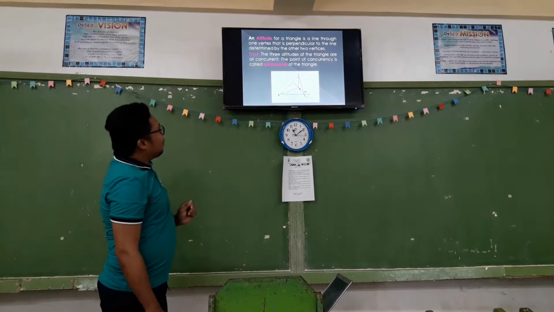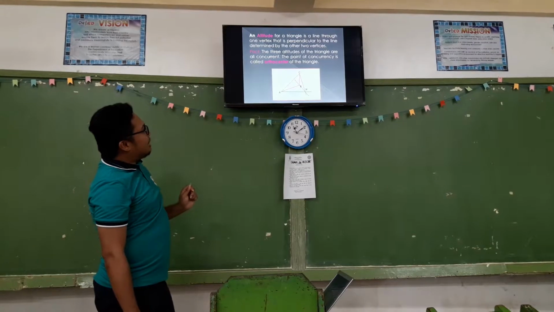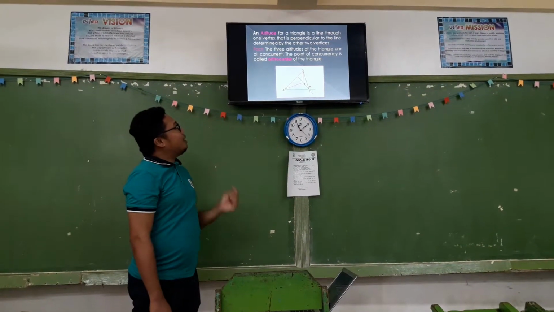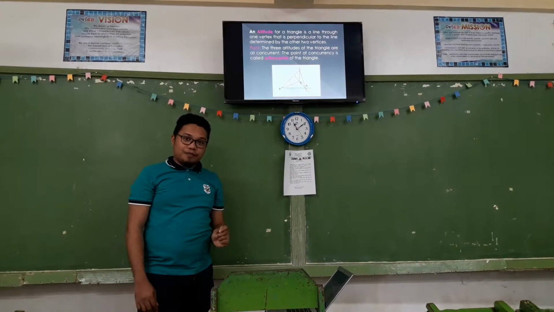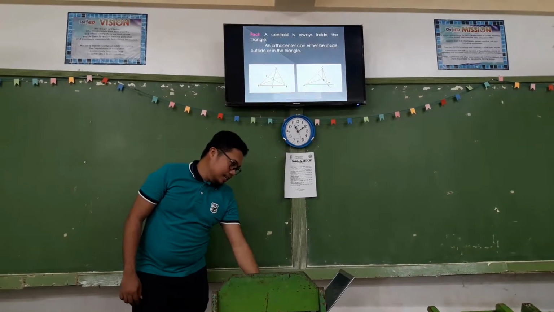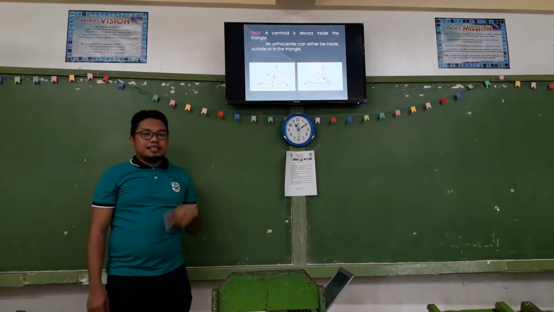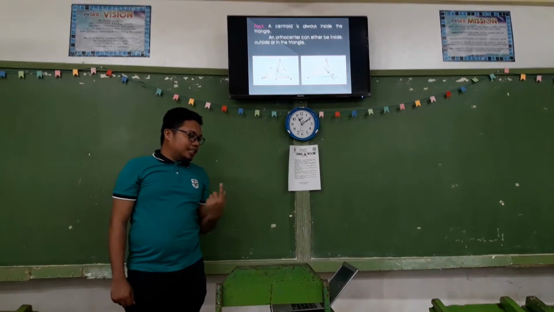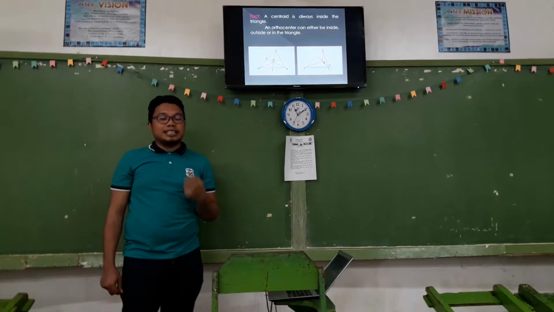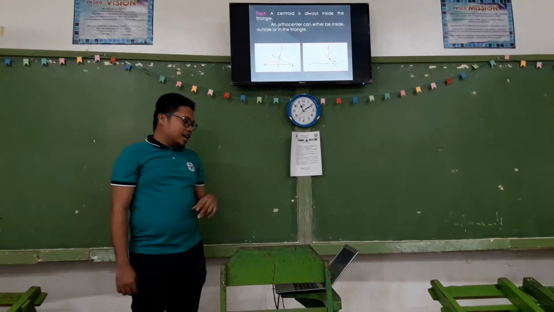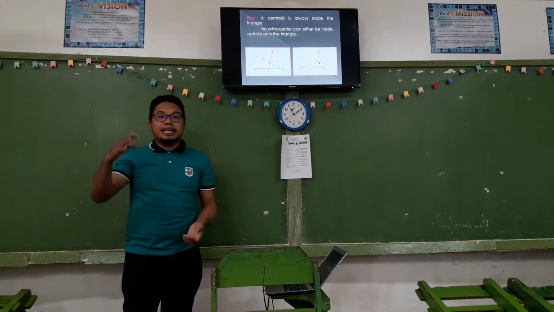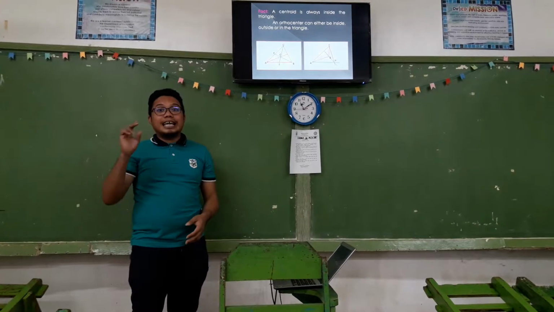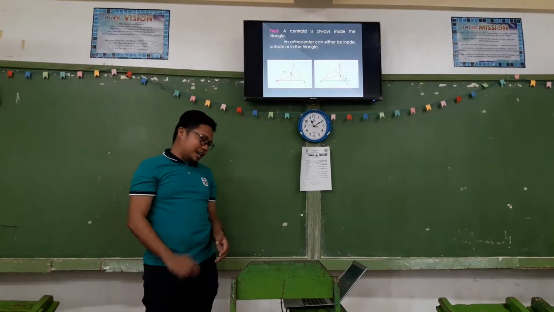So the three altitudes of the triangle are all concurrent, and the point of concurrency is called the orthocenter of the triangle. Next, we have some facts. First, a centroid is always inside the triangle. Second, an orthocenter can be inside, outside, or on the sides of the triangle.